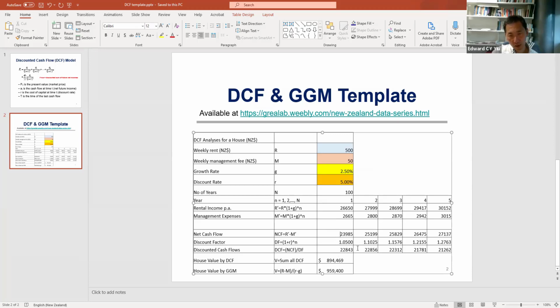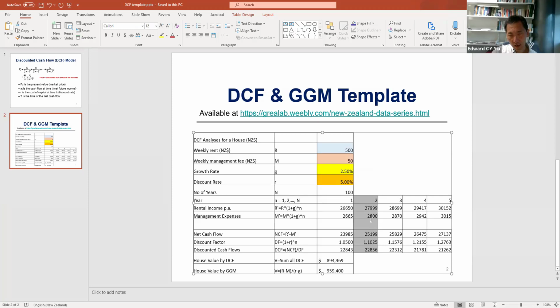So we have to discount it back to the present value based on the discount rate of 5%. That means we divide this NCF by this discount factor to get the present value. It is equivalent to 22,843.